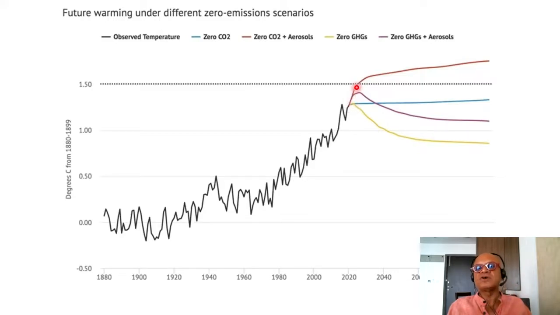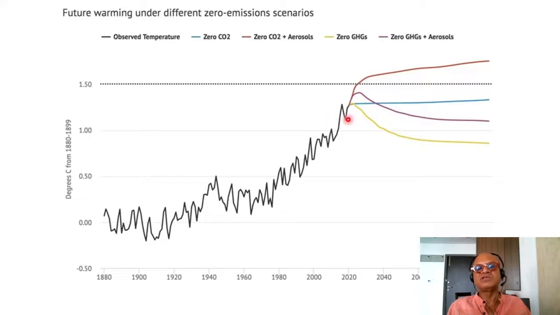If we go zero greenhouse gases plus aerosols, because it's not just CO2, we have methane, nitrous oxide, CFCs, HFCs, land use change, cement, steel, and so on, plus aerosols, then the warming will exceed 1.5 degrees, for example, here. So here we are at zero GHGs and aerosols.